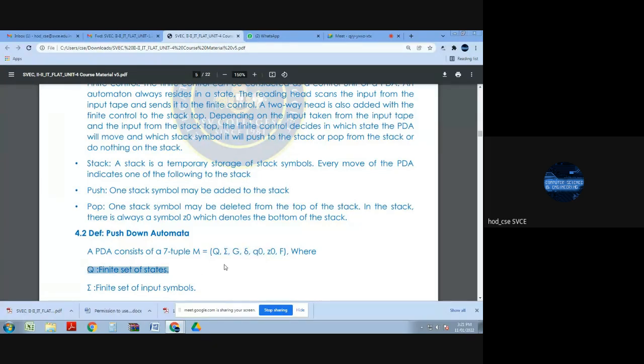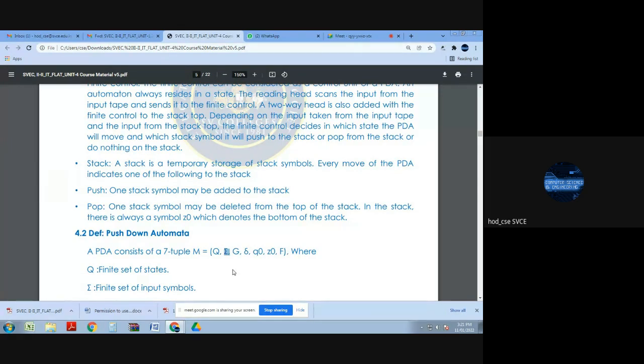The total set of states present in the given pushdown automata is represented by capital Q. Sigma represents the input alphabets.